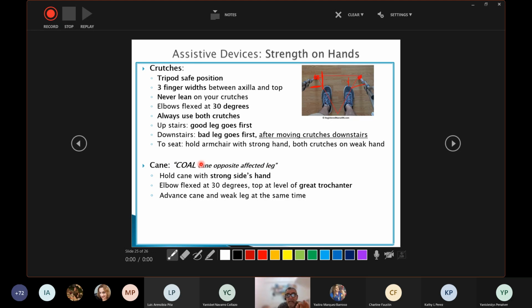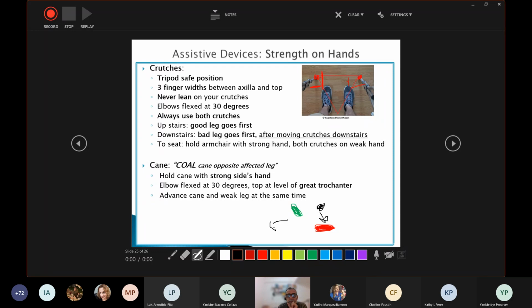Second, the cane will do the same as the weak leg. So if you have a weak leg, let's say this is the foot that is weak, and you are advancing, your strong foot is in the air because you are walking. In this moment, the cane needs to be on the floor, helping the weak leg.